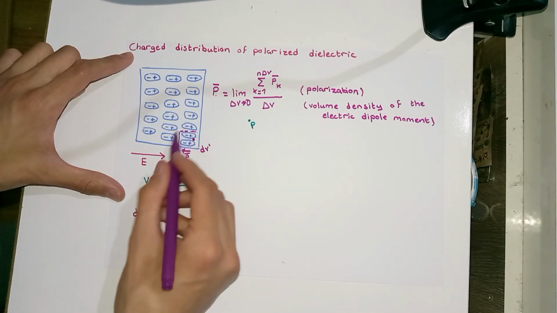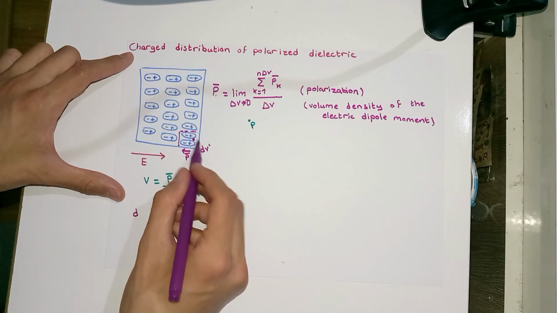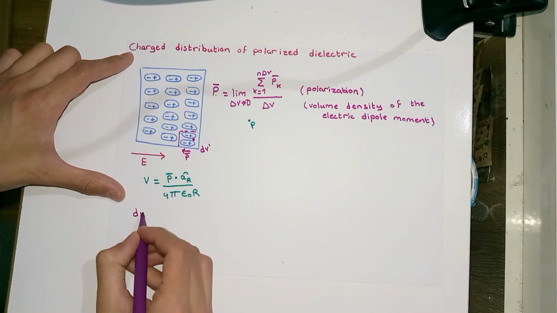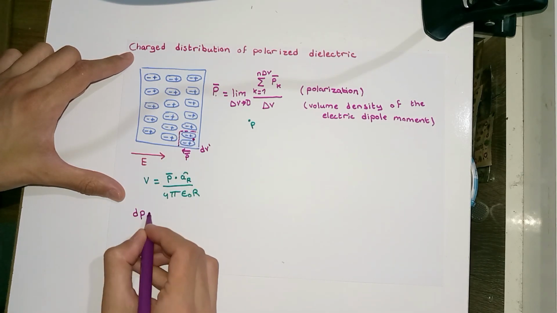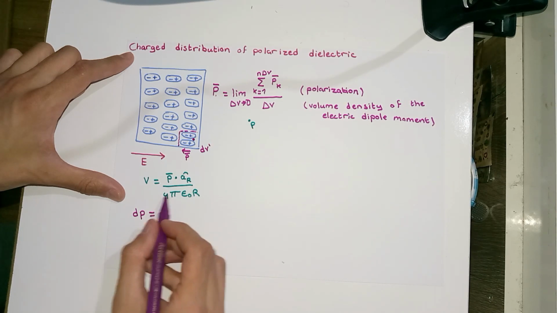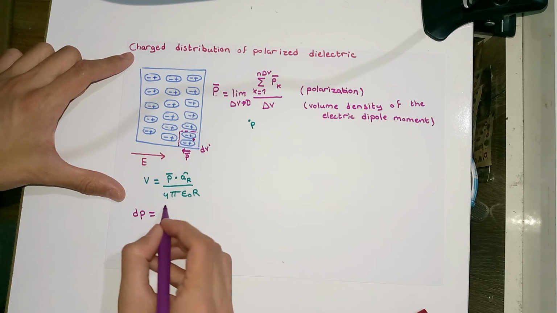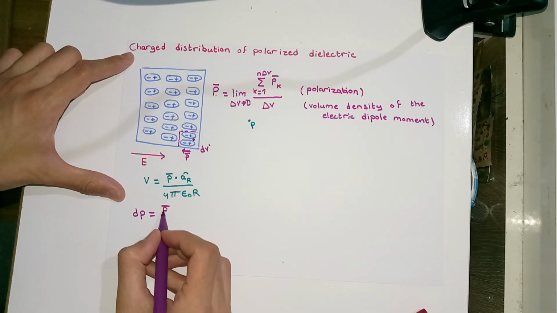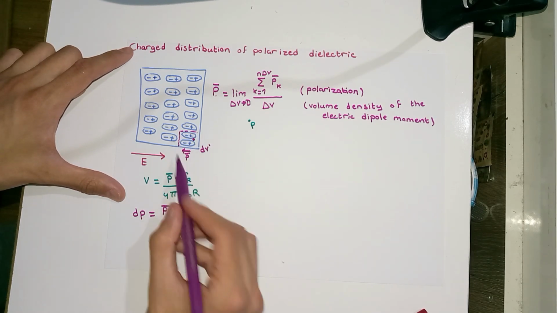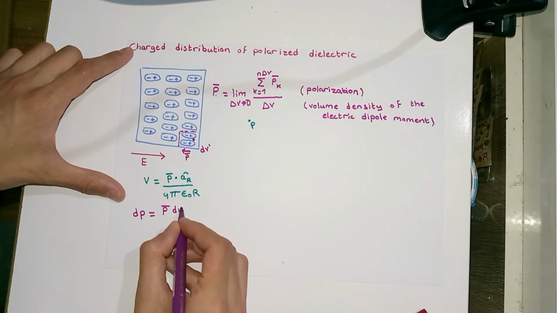Now the dipole moment due to this differential volume is dP, equal to the volume density of the electric dipole moment, or the polarization, times the volume, which is dV primed.